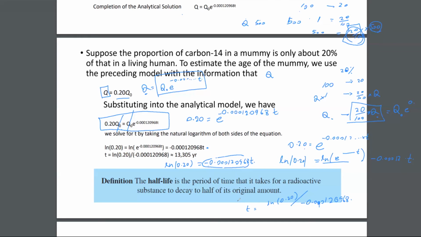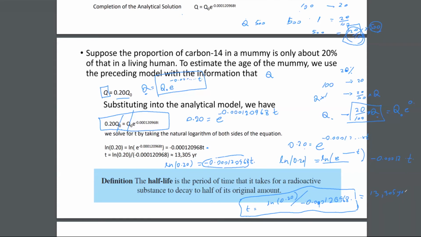You know how to calculate this. If you have a calculator, please let me know what this value is. If not, that's fine. Does anybody have a calculator? Want to calculate this? ln 0.20 divided by this value. What do you get? Should get 13,000 years. Something approximately 13,000. That's what you should get.